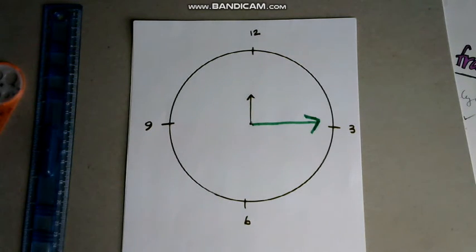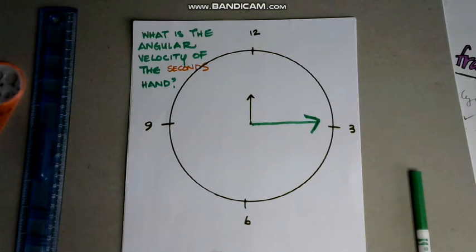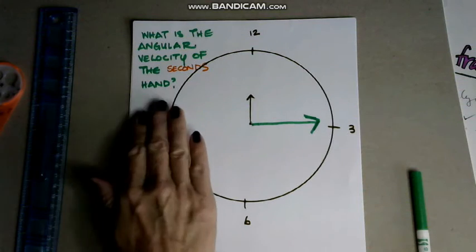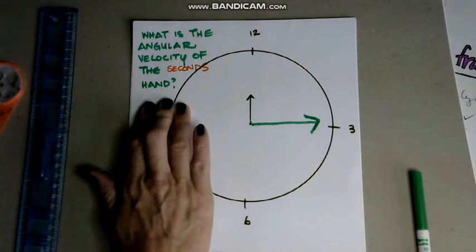So my question to you is, what is the angular velocity of the minute hand on your clock? In fact, let me back up a little bit. Let me ask you this: what is the angular velocity of your seconds hand?